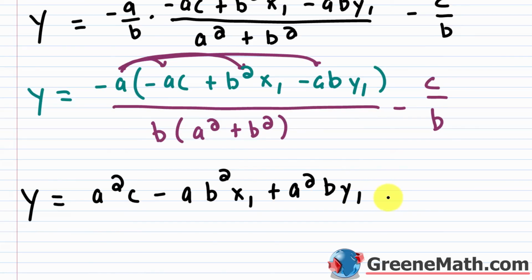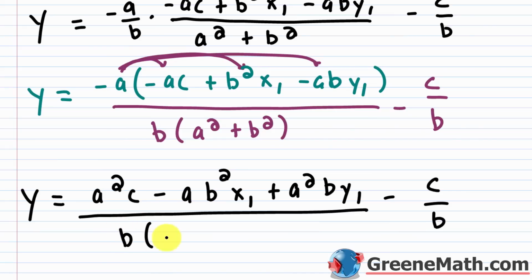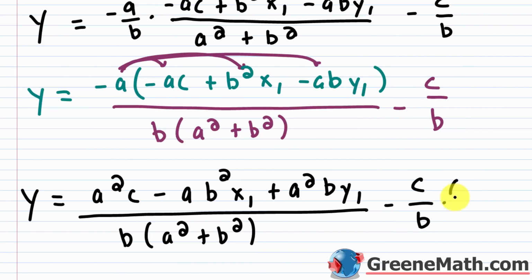So then you have minus c over b. Let me put my denominator down here. This is b times the quantity a squared plus b squared. Let me slide this over here and see if I can fit this. So this will be multiplied by your a squared plus b squared. So barely fit that on the screen. So a squared plus b squared.